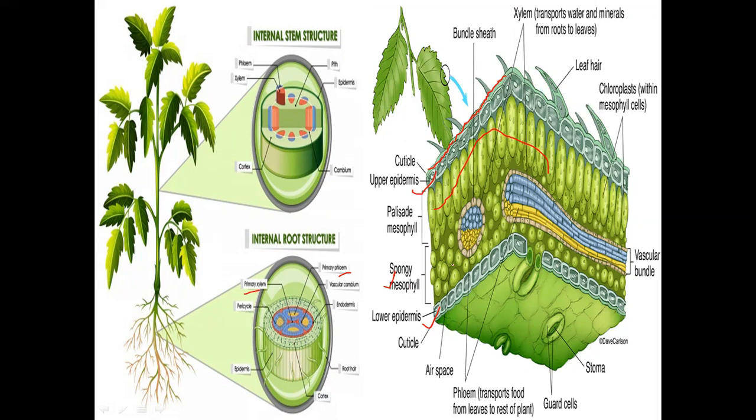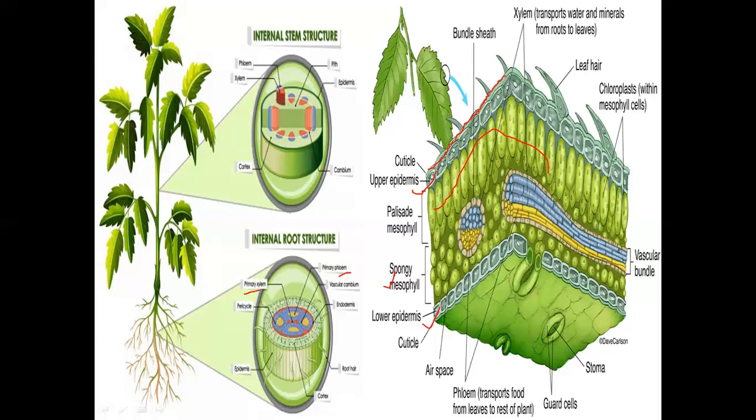Okay, why are they green in color? Because they have chloroplast and chlorophyll. So that chlorophyll helps to do photosynthesis. And if you see this one, this is midrib, and this is a vein of the leaf, like this one midrib, and this is vein.